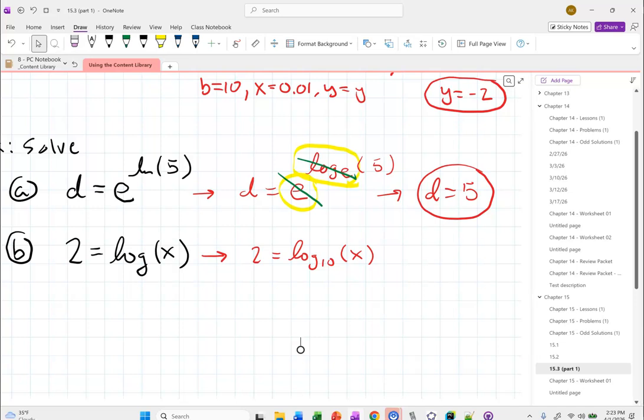What operation cancels a logarithm? An exponential. What base for my exponential should I choose? 10, because it should match the base of my logarithm.